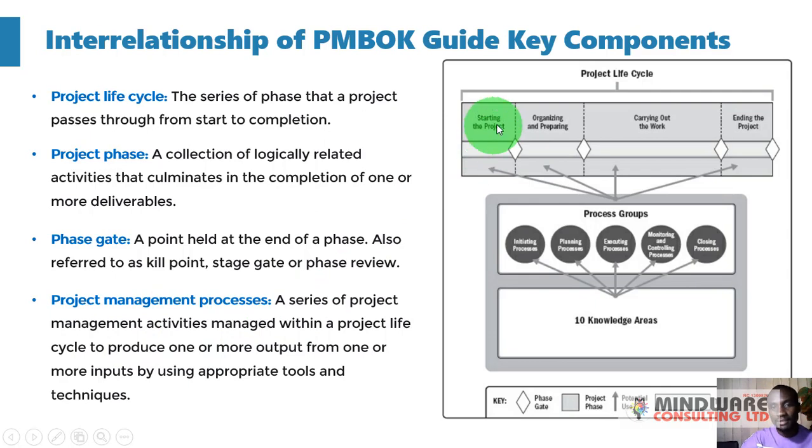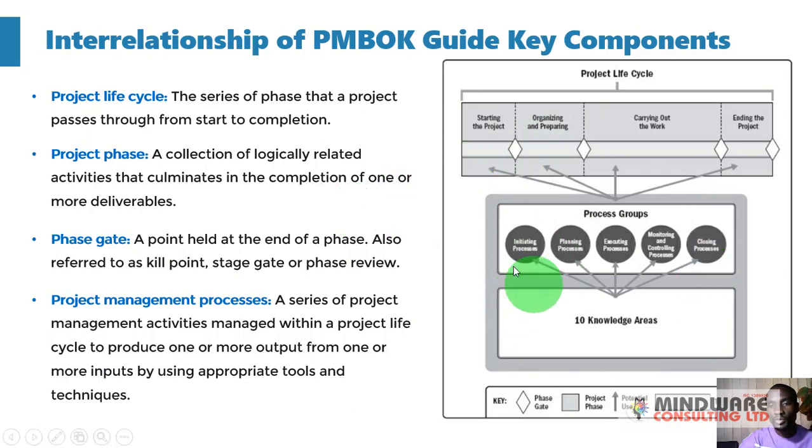They are a set of activities which you put together. So when you're done with the integration of these activities, you now have what we call outcome or deliverables from this particular phase, which now serves as an input to the next phase. Does it make sense? All right, so I believe you get that.